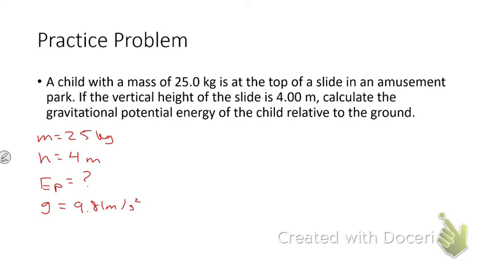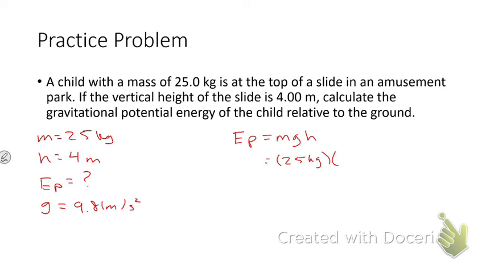So we're looking for potential energy, and we have g, h, and m. So obviously we want to use our potential energy formula. So EP is equal to mgh. This formula is already written in terms of potential energy, right? So now we can just plug in our values and calculate our answer.